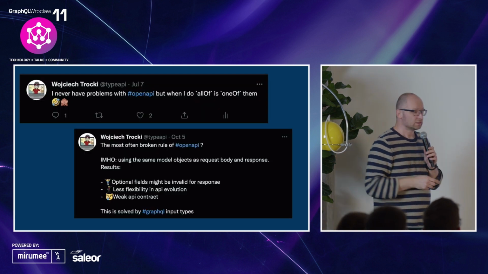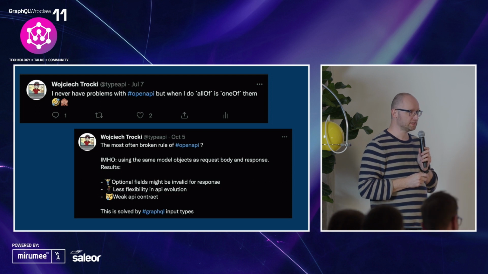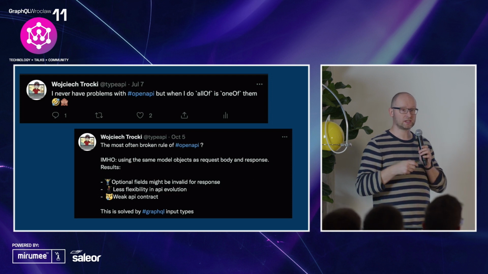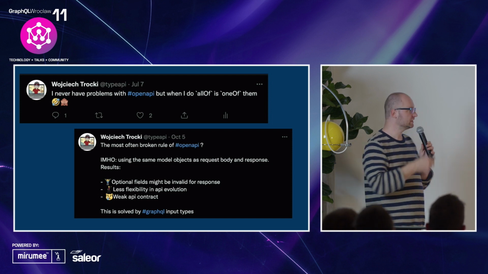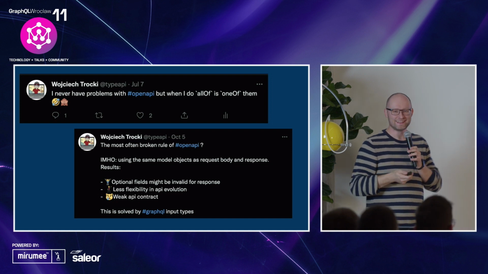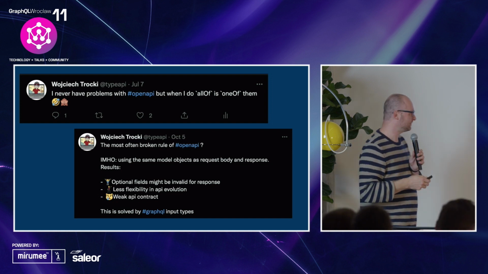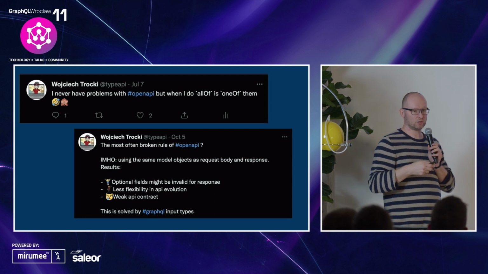Validation. The problem with OpenAPI is that it's basically generic. It was designed to describe every possible API on the planet. You can even describe a GraphQL API, if you're brave enough. The problem is that there are some very weak spots in OpenAPI.